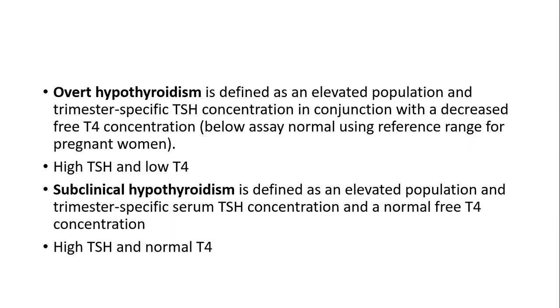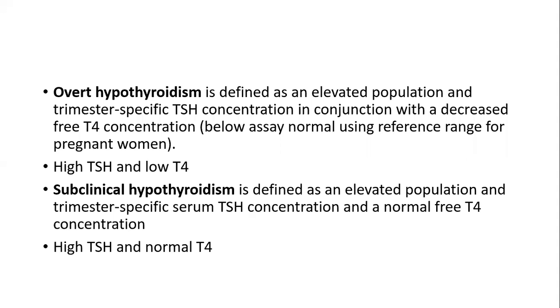Yeah, so with that in mind, let me now go to hypothyroidism as we ponder on it. We can have overt hypothyroidism and subclinical hypothyroidism. The overt one is where we have elevated population and trimester-specific TSH concentration in conjunction with decreased free T4 concentration, so high TSH and low T4.